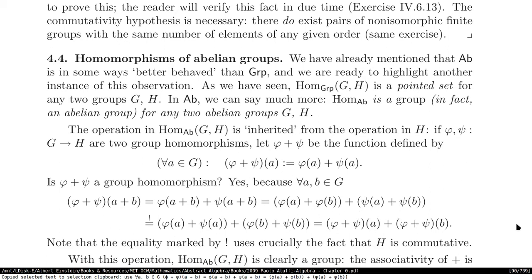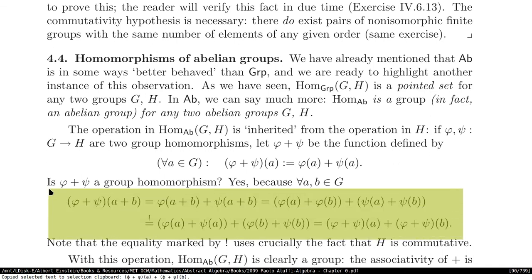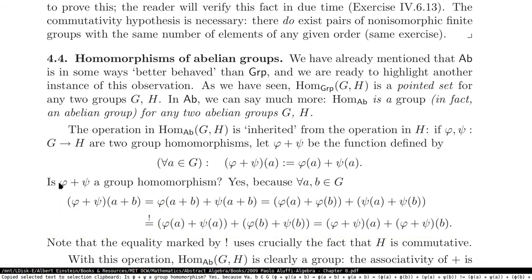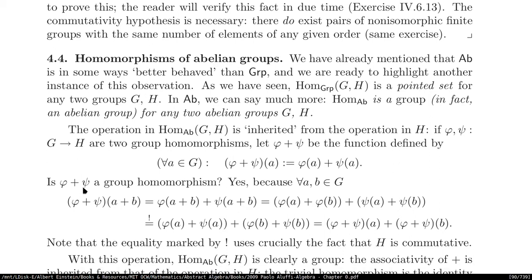So using the commutativity, you have phi of a plus psi of a plus phi of b plus psi of b, and this is equal to phi plus psi acting on a plus phi plus psi acting on b, right? This makes phi plus psi a group homomorphism.